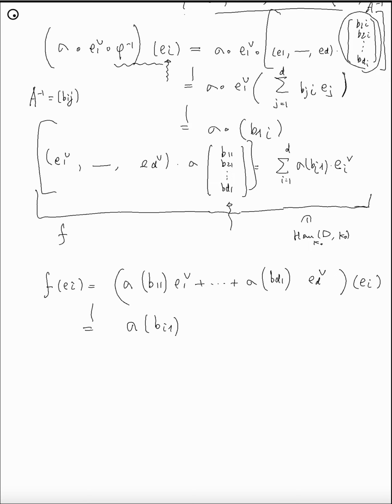On the other hand, if you start with this E ideal, and put this A inverse here, sigma of A inverse, what do you get?